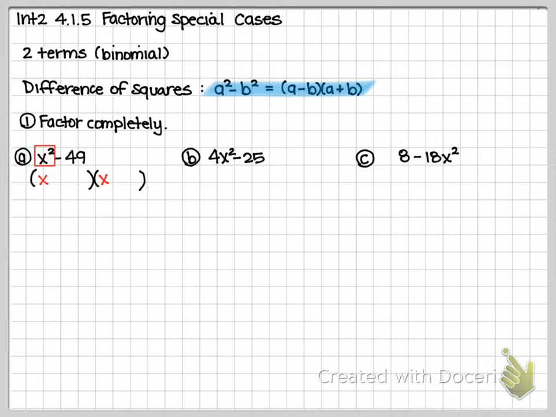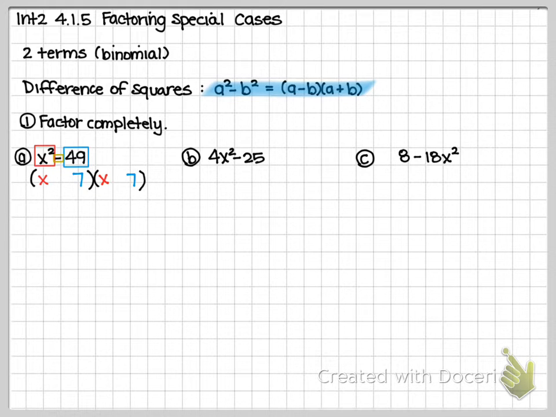Just try to keep it a little organized for myself. Then I'm going to take a look at the 49. So ask myself, can I square root the 49? Yes, I can. Notice that it is second, so I'm going to put it second inside the parentheses. Now the only other thing that I have to do is make sure that I handle the sign. Well, we can't do this if it's an addition problem at all. It has to be subtraction.